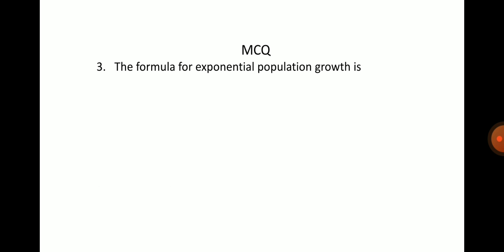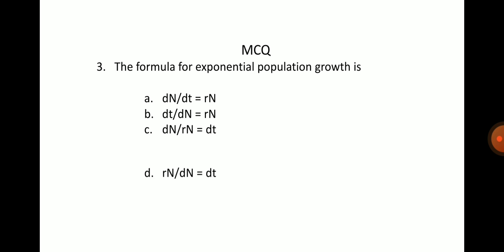Next question, the formula for exponential population growth is. Option A, dN by dt is equal to rN, B, dt by dN is equal to rN, C, dN by rN is equal to dt and D, rN divided by dN is equal to dt. So the answer is option A, that is dN by dt is equal to rN.